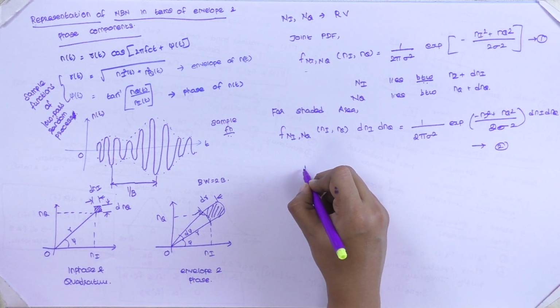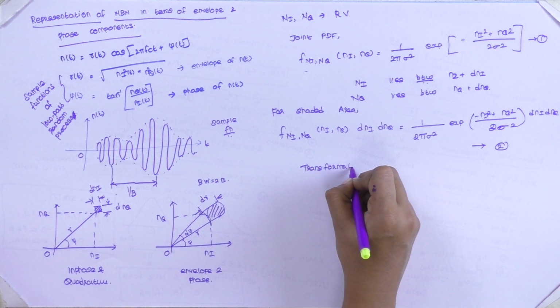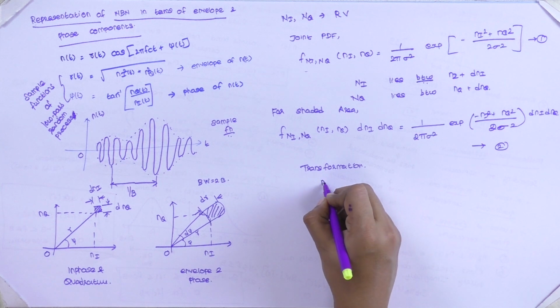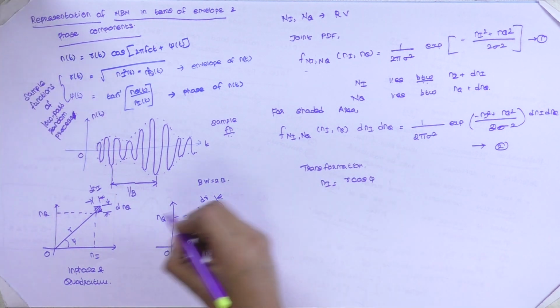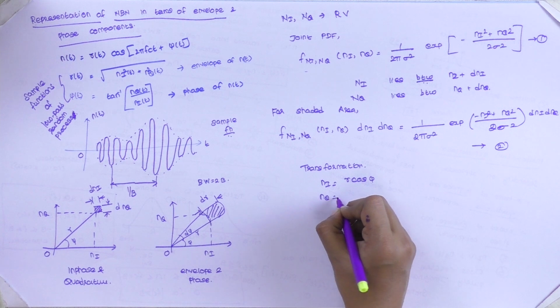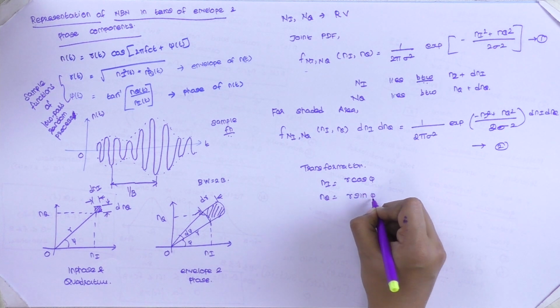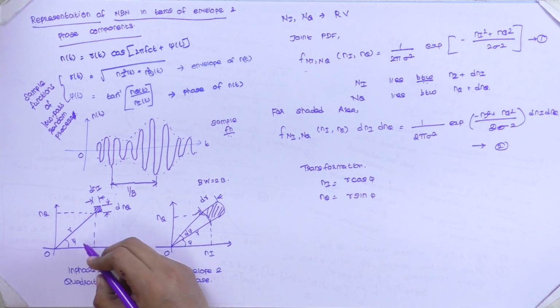Now we are going to have the transformation. Small ni is equal to r cos ψ, and nq is equal to r sin ψ. We know that cos is adjacent by hypotenuse and sin is opposite by hypotenuse.